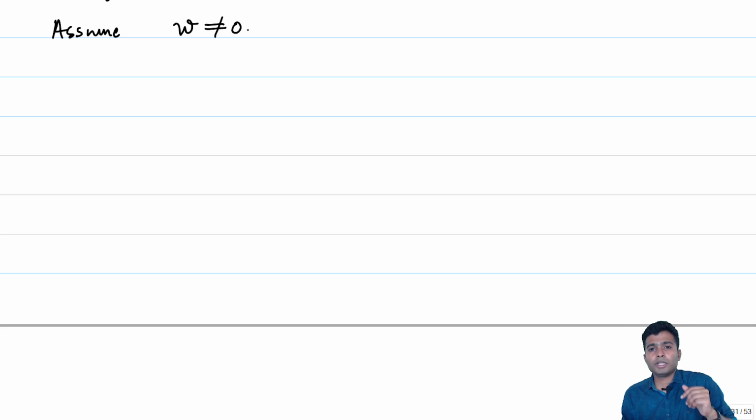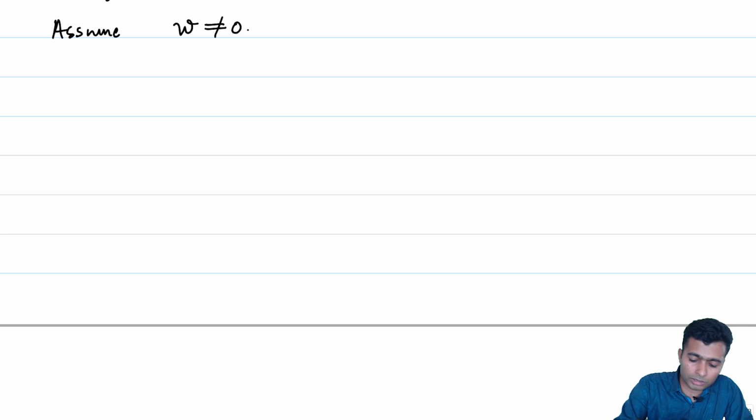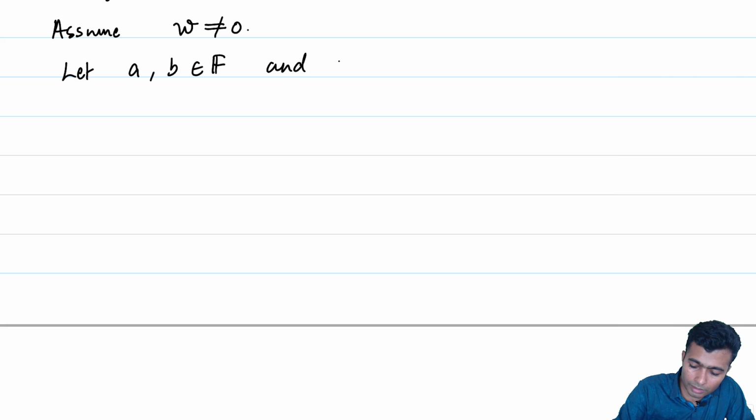Let's now invoke the positivity of the inner product on a suitable vector. So let A, B be scalars in F, and consider the vector AV plus BW.